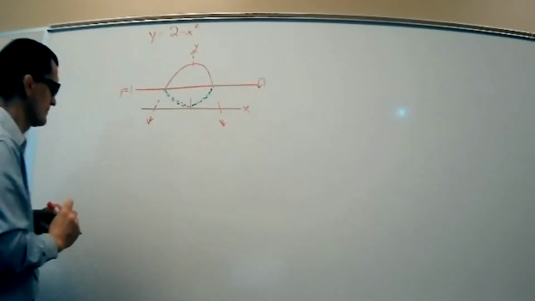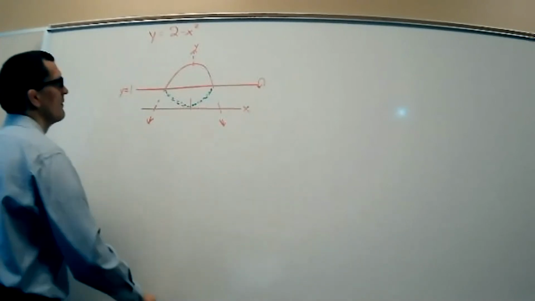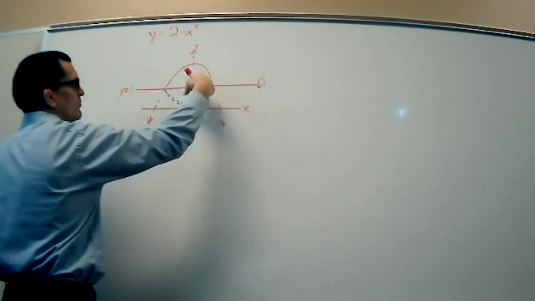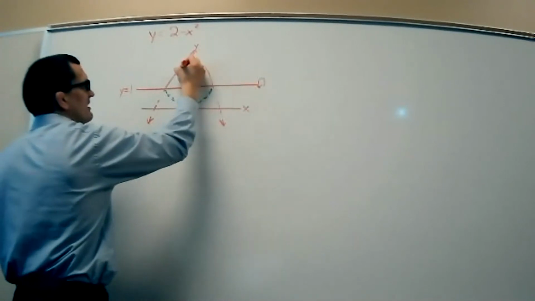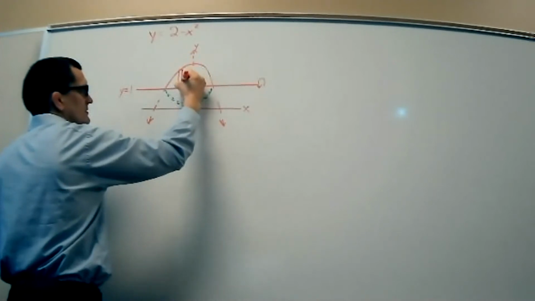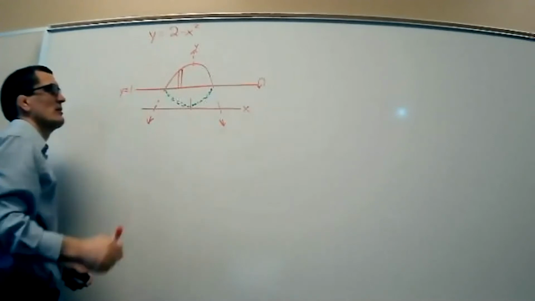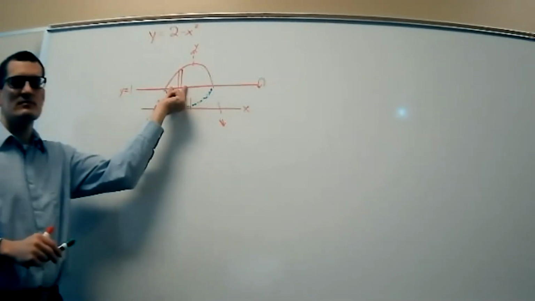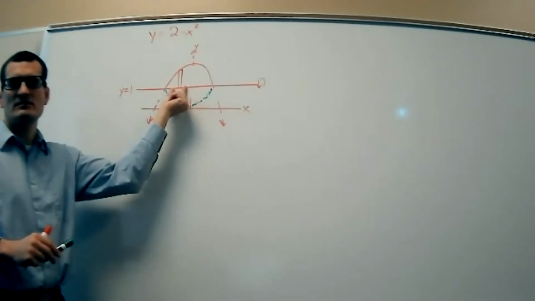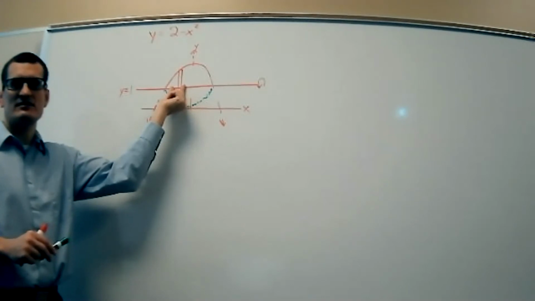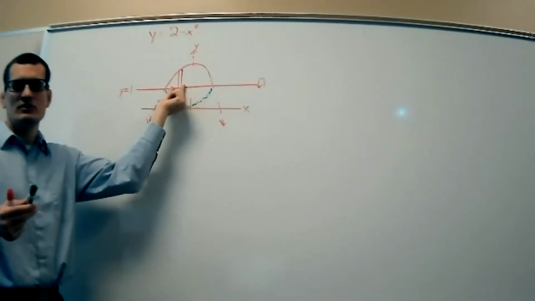All right, so if I'm revolving around this line and I'm wanting to create discs, my rectangles have to be vertical, which means I'm going to have to end up integrating with respect to x to get the value using the disc method.